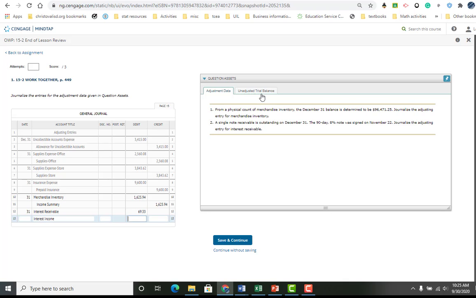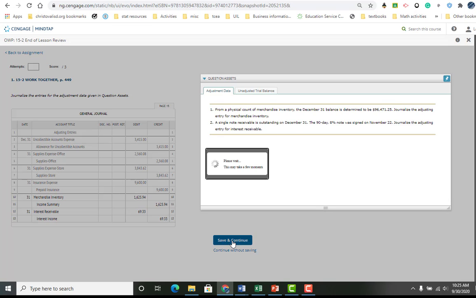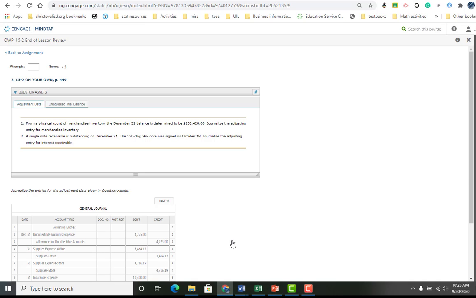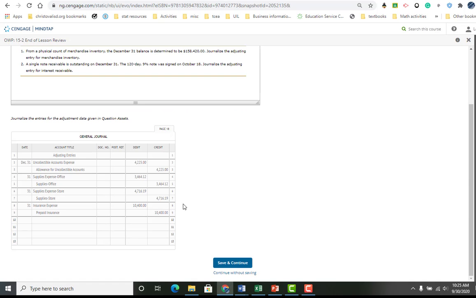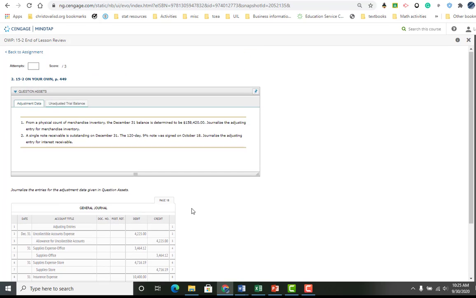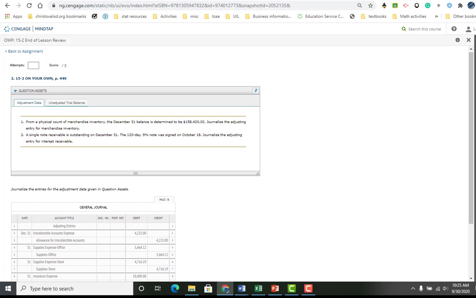It's a way of money making. And so that's 69.33. And you'll do that on your own to get by yourself, and then do the application problem.